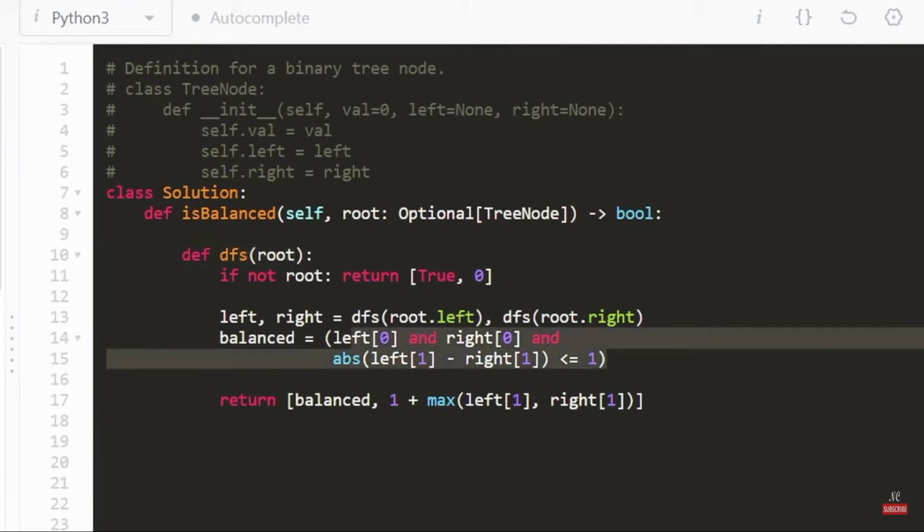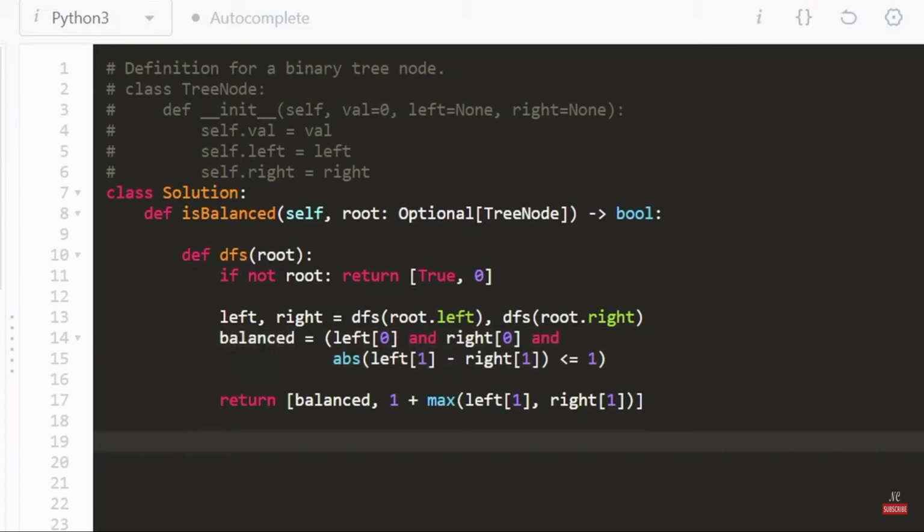So all three of those have to be true for us to return true as the balanced variable. Hopefully that makes sense, because that is the entire code.